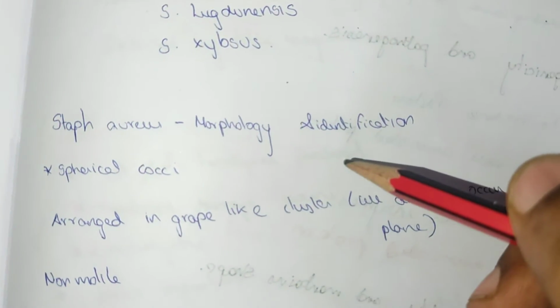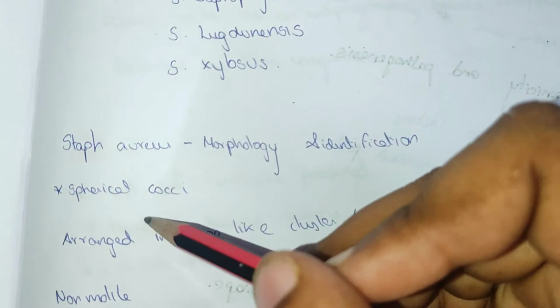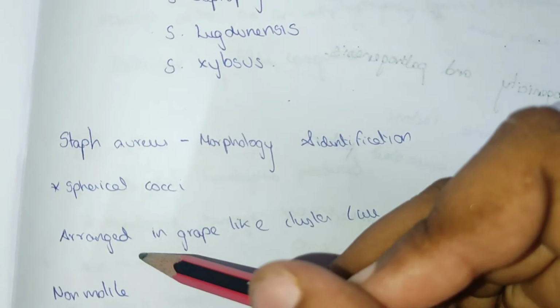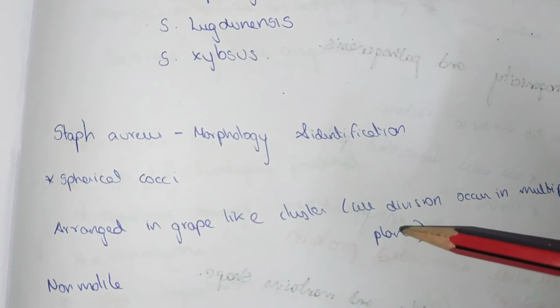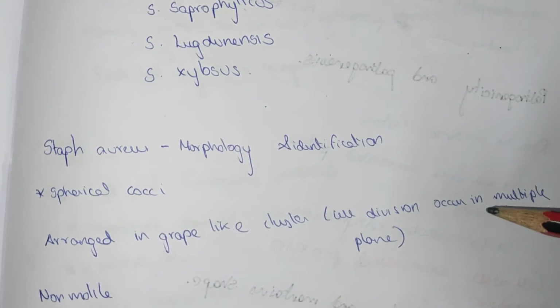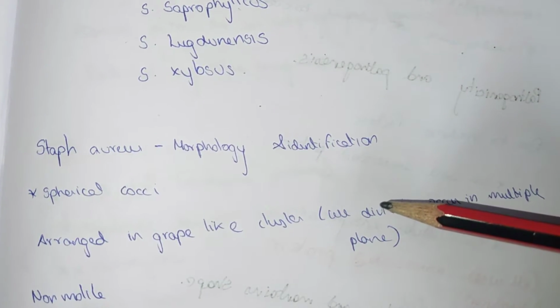Now we will see about the morphology and identification of Staphylococcus aureus. These are spherical cocci arranged in grape-like clusters, because cell division occurs in multiple planes.